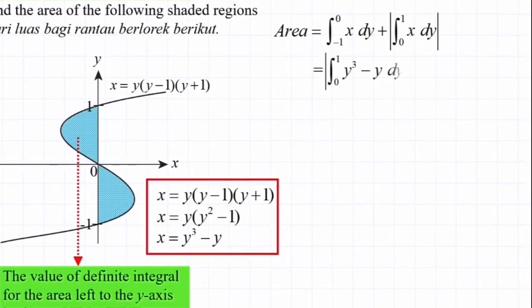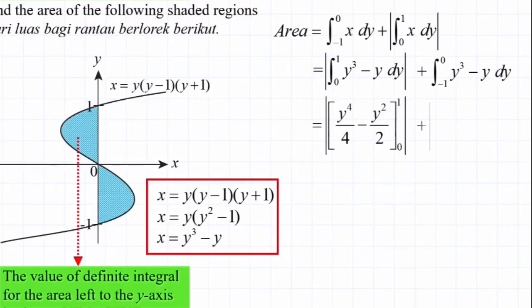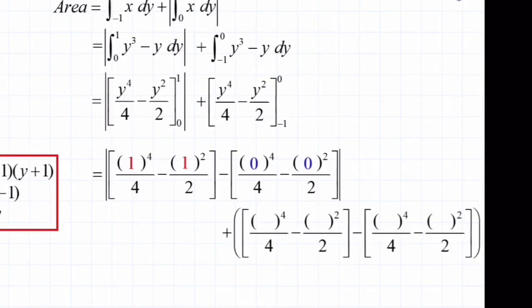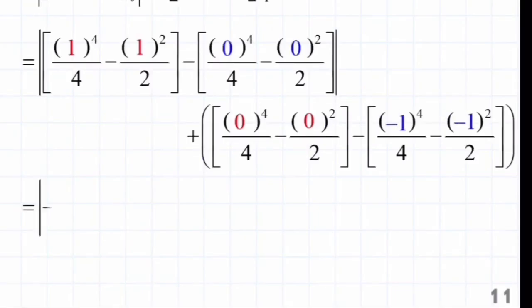Be careful. So then we will substitute the x in terms of y, and then we will integrate with respect to y, and we will substitute the limit accordingly. So after we substitute the limit, we make sure we substitute 1 followed by 0, and then we will simplify to the simplest form. Okay, make sure you do it carefully because it involves negatives. So finally the answer must be positive because it is an area.